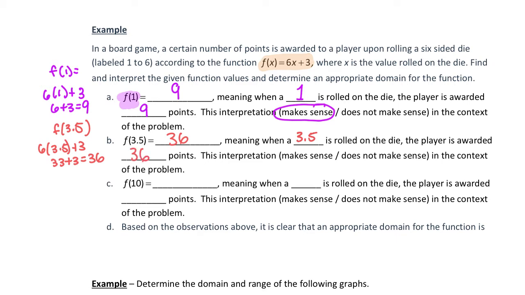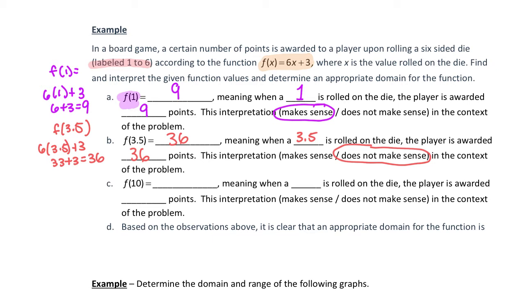Does this interpretation make sense? Well, this interpretation does not make sense because you can't roll a 3.5 on the die. It said earlier that you can only roll, let's see right here, 1 to 6. So it's a six-sided die. You can only roll 1 to 6. So this doesn't make sense. You can't roll a 3.5.